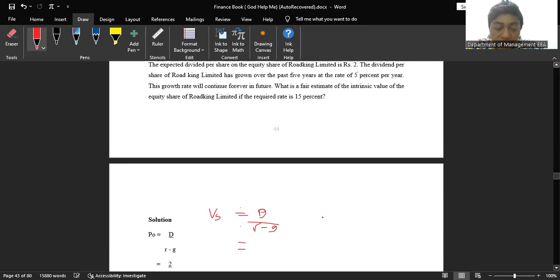Say the dividend is 2, right? It works only when the growth is less than what? The rate. And we have the rate of 15%, that's 0.15. And the growth is what? 5%, 0.05. Okay.